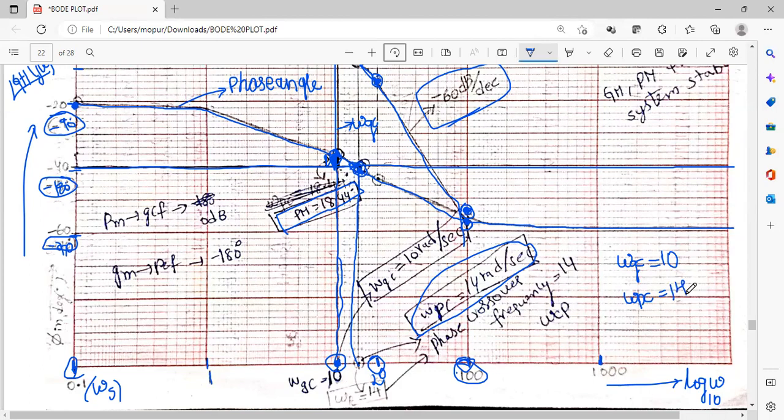And we have obtained the phase margin, that is, at the gain crossover frequency, the phase angle difference between minus 180 and the phase angle plot. The phase margin we obtained as 18.44 degrees.